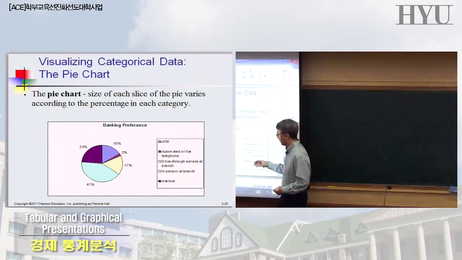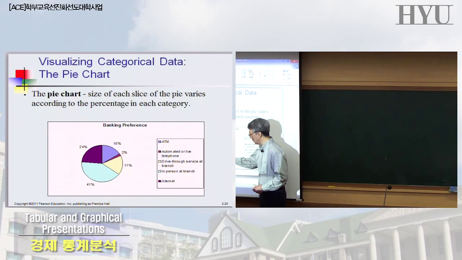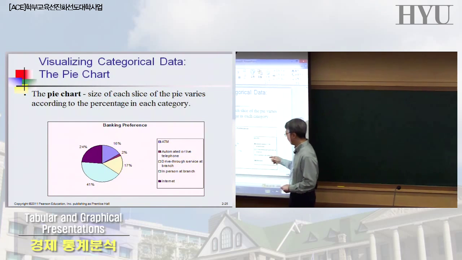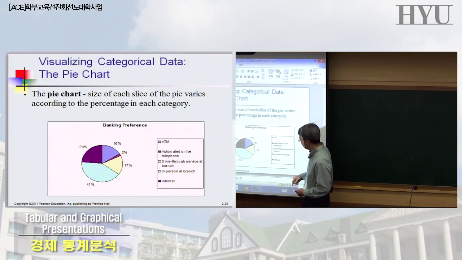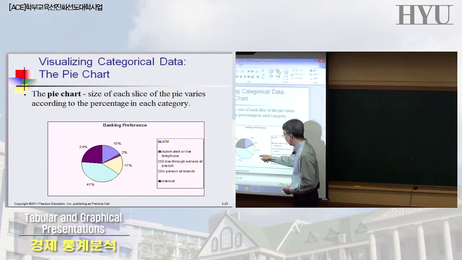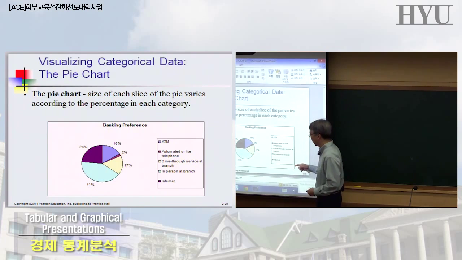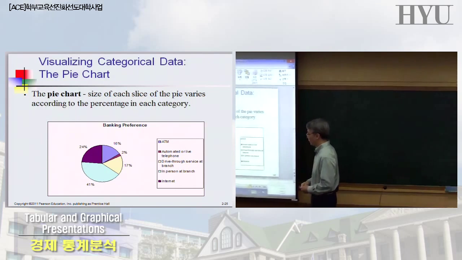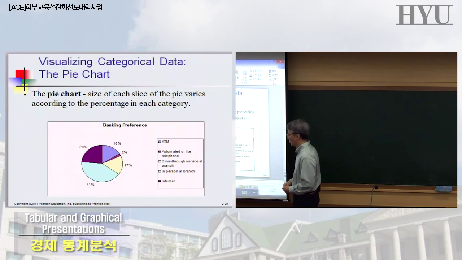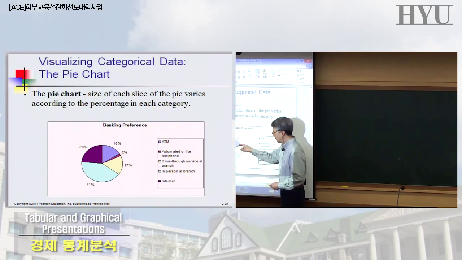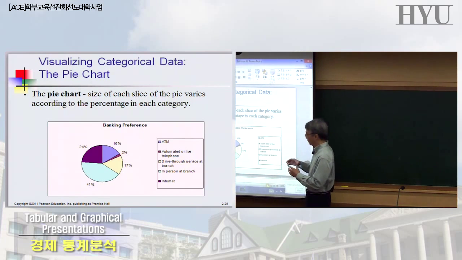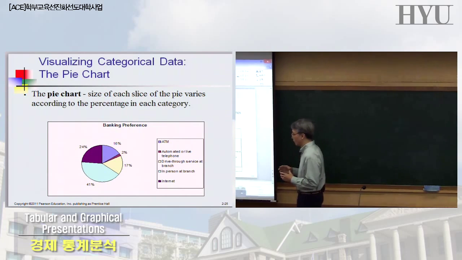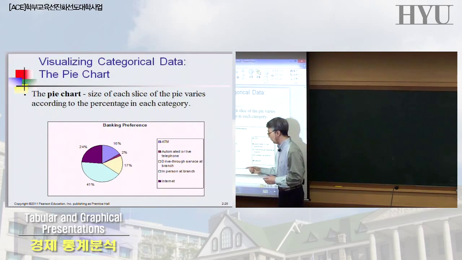You can see this light blue area, which should be in-person at branch. That's pretty large compared to the other areas, and compared to the total you can see the relative size of each category.